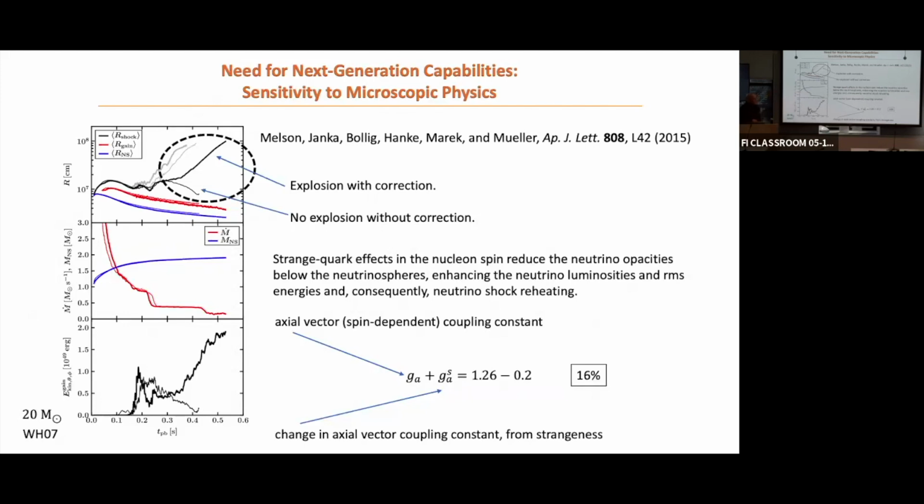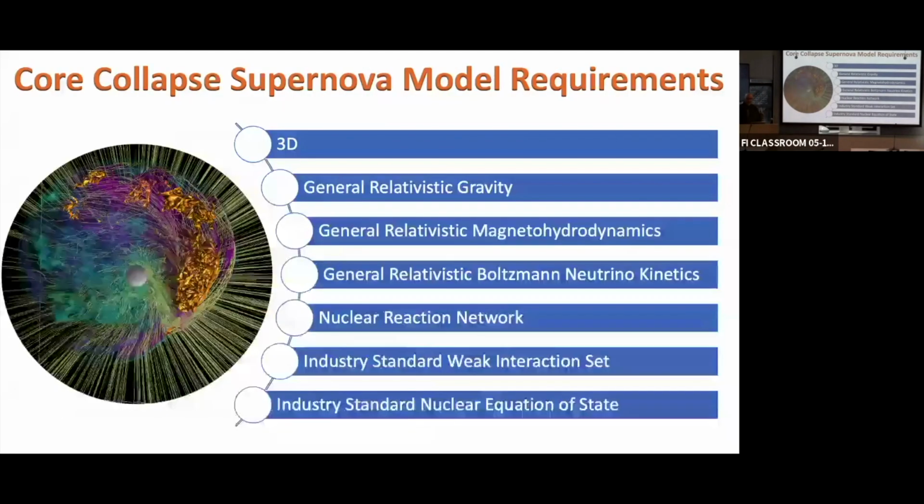But nonetheless, I changed the cross section by 16%, and I went from failure to success, if you will. So this problem has been demonstrated time and time again to be sensitive to detail, sensitive to the precision with which the physics is treated, sensitive to numerical resolution, sensitive to everything. It's not enough to stop where we are.